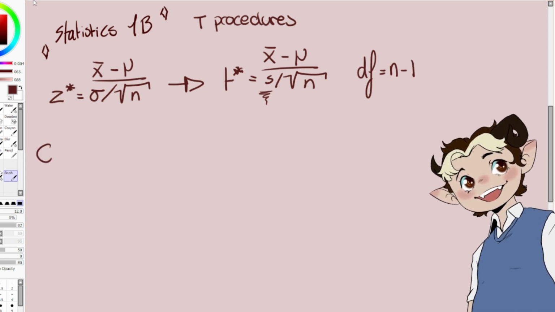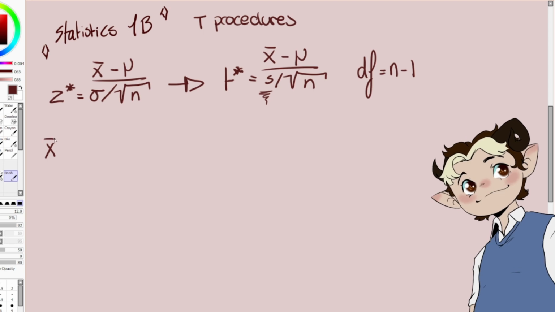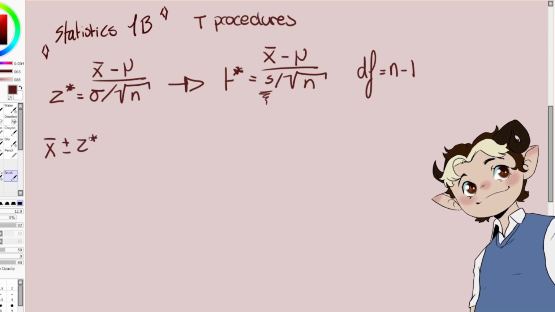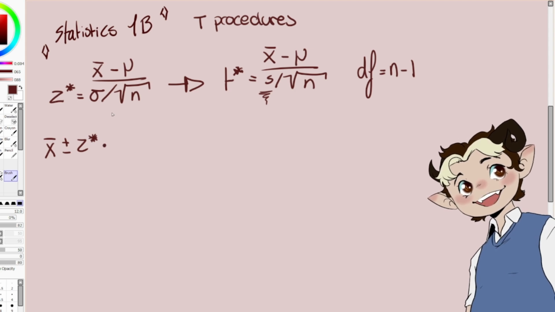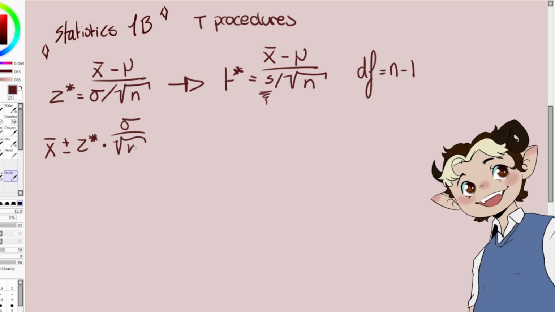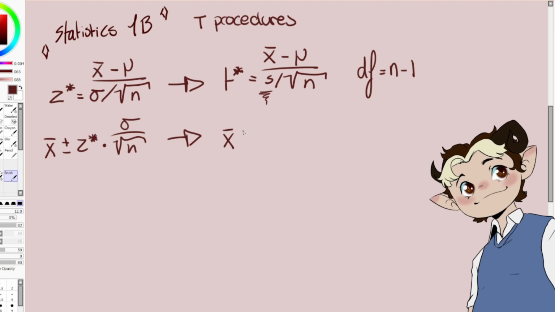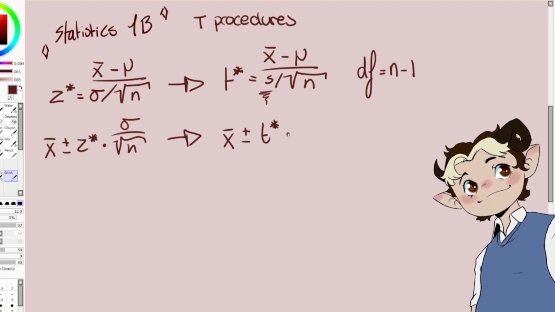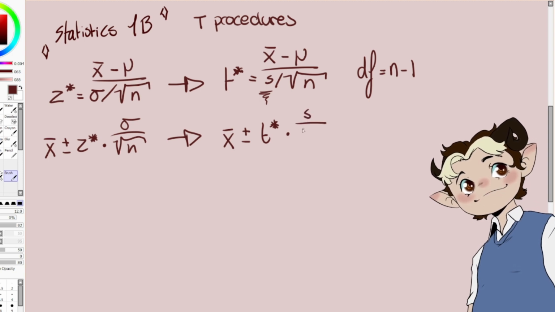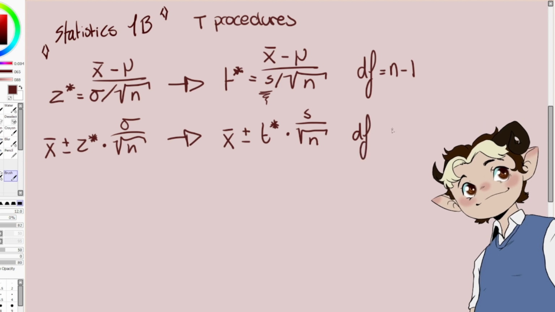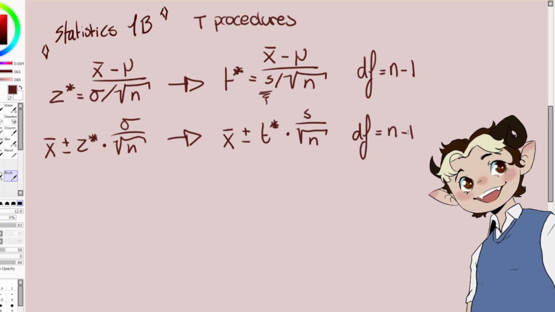Same with our confidence interval, which was X bar plus minus Z times the standard deviation divided by the square root of n, which is now turned into X bar plus minus the T times S divided by the square root of n, with degrees of freedom n minus 1.